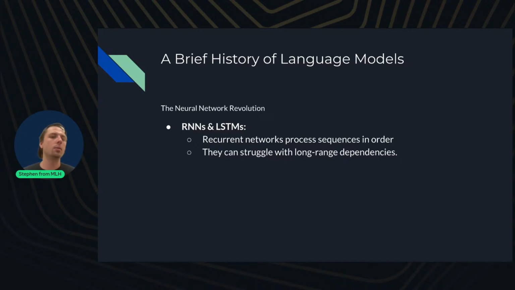They process sequences in order. So what I mean by that is they are paying attention to a certain context window in the sentence. Okay, so it's just like the 3-gram and the 2-gram, although they can weight their different words and process them as they go along in the sentence, right?